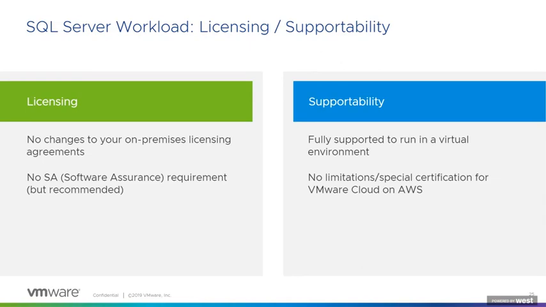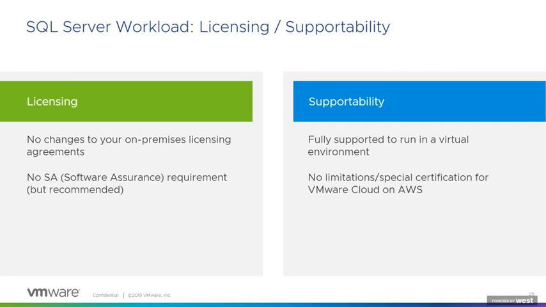Moving further, that is one of the major questions that we are having while moving to public cloud. What about my supportability? From the supportability perspective, the same rules apply as to your on-premises deployment of SQL Server workload on VMware vSphere.